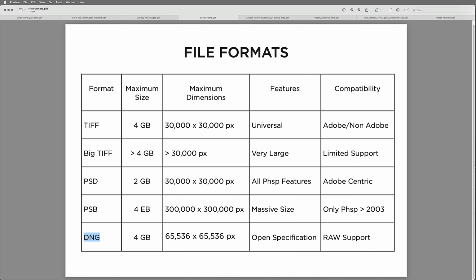A 4 gigabyte maximum file size, that's big. For raw data, 150 megapixel Phase One, 400 megapixel multi-shot Hasselblad H6D, and so on. But a pixel dimension of only 65,536 pixels, east-west or north-south.